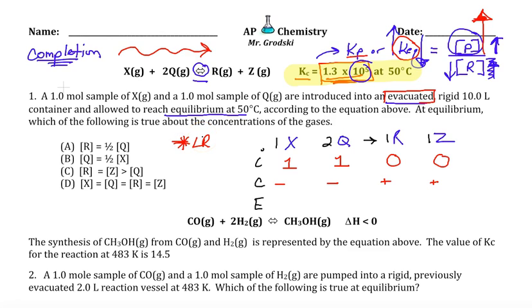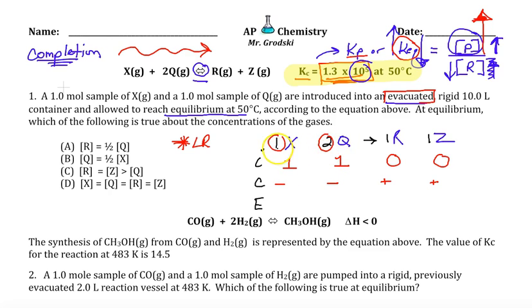I'm in moles. Now, look at this. In order for Q to be the limiting reagent, look at this ratio. Okay, it's 2 to 1. There has to be half the amount of Q available to make, half the amount of X available in order for all of Q to disappear. Look what I have here, 1 to 1.